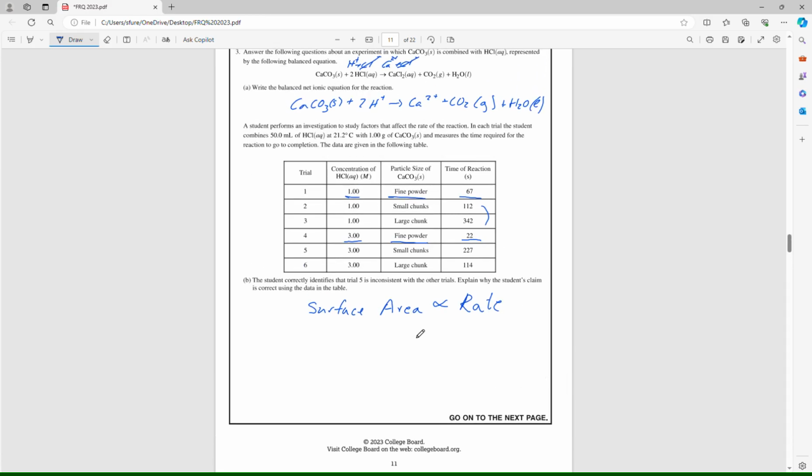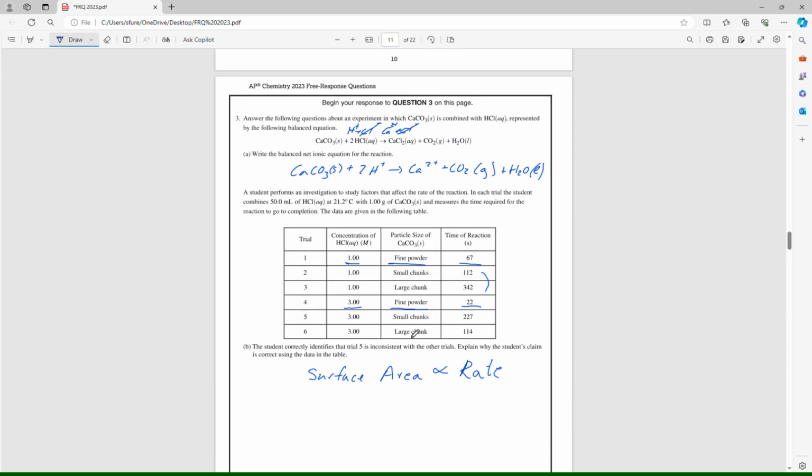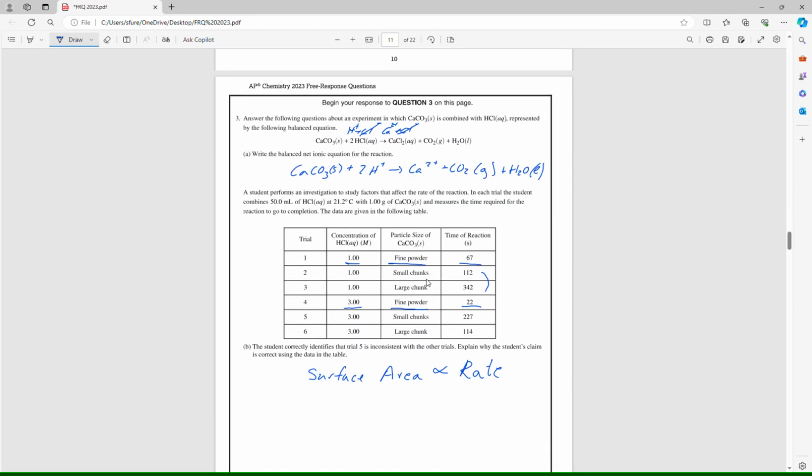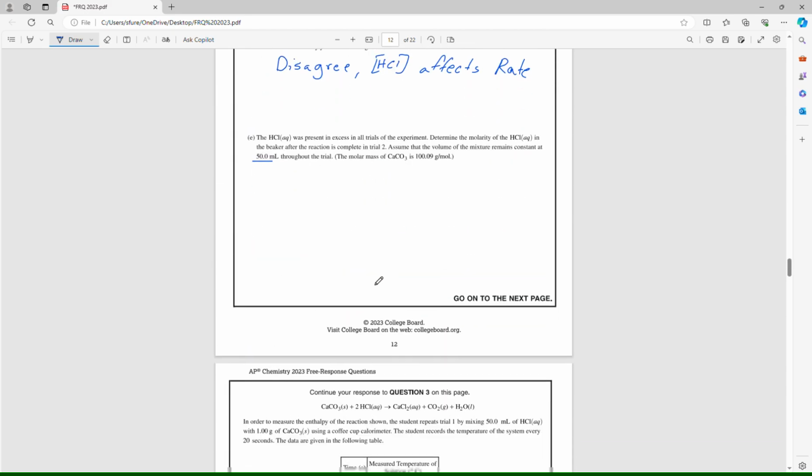Let's first figure out how much reactant reacted. This is for trial 2, which is 1 molar. It's 50 milliliters of the HCl, and it's 1 gram of the calcium carbonate. For every 1 calcium carbonate, there's 2 HCl's. I think that gives us all the information we need.